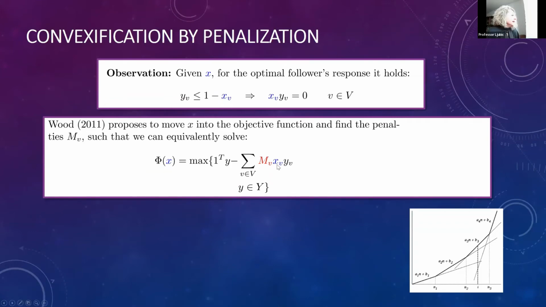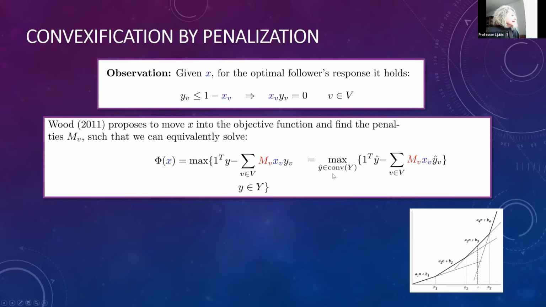Which means that now we can equivalently optimize this problem over all feasible points, or, because the objective function is linear, over all extreme points of the convex hull of the set Y. And this number of extreme points is finite. It's probably exponential.